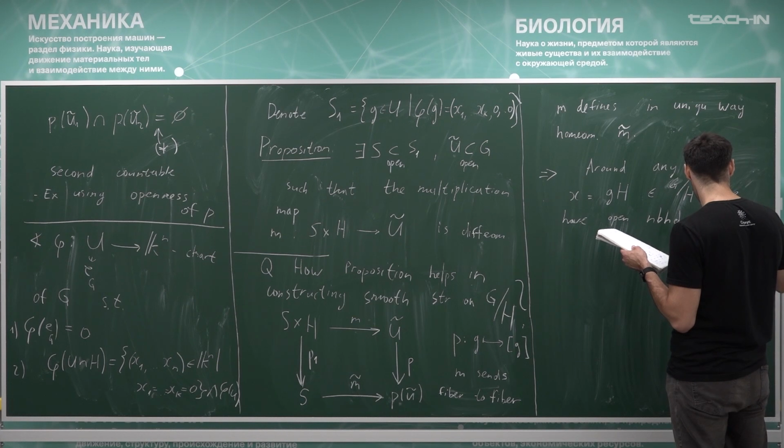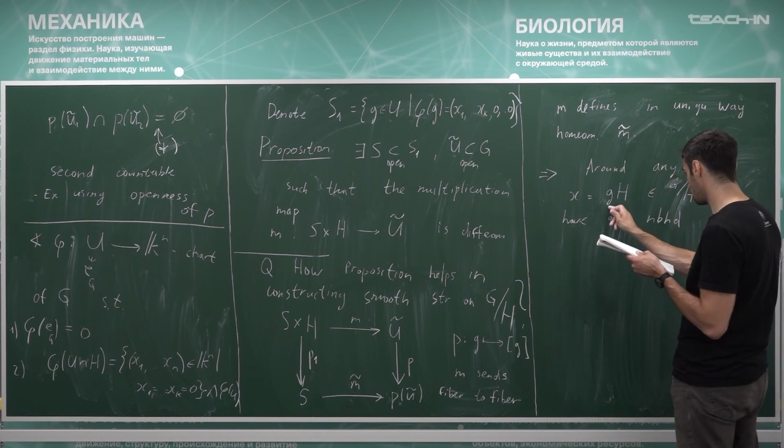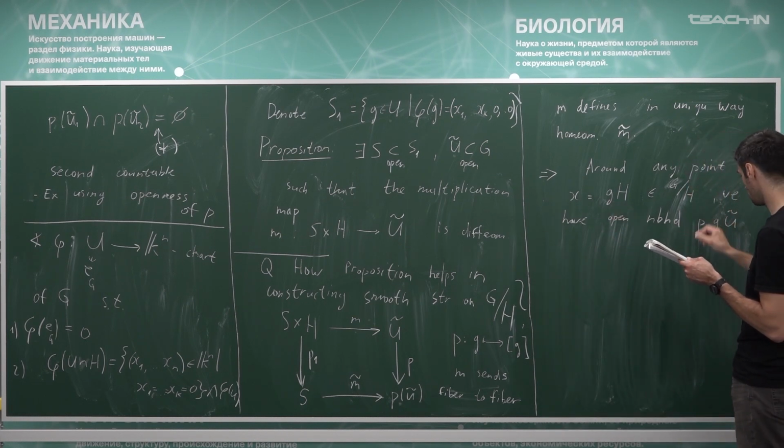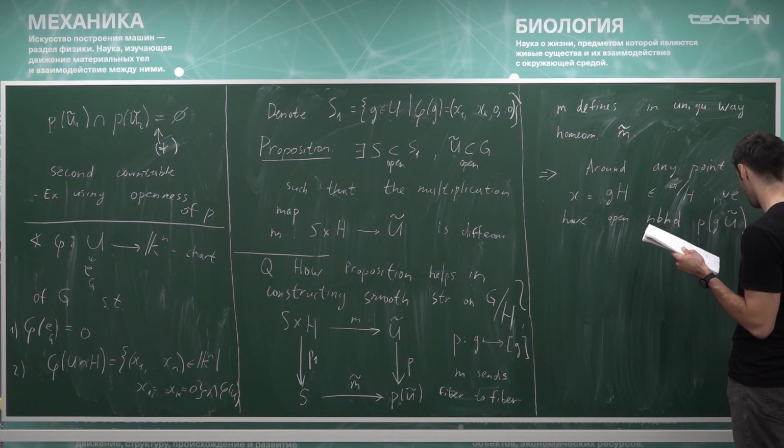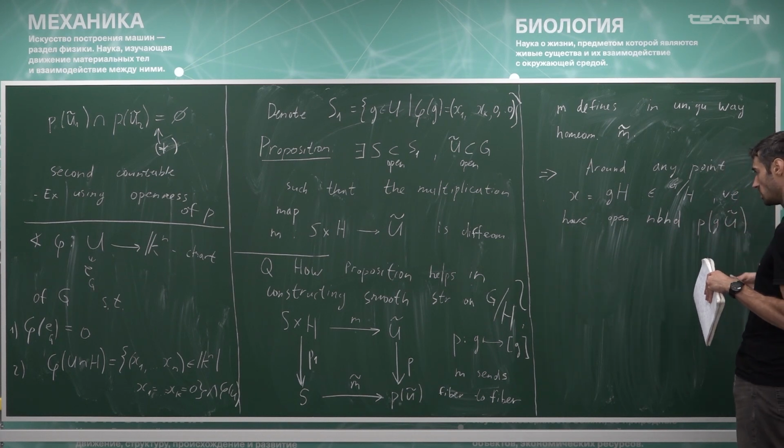So I take U tilde shifted by g, this g, and consider the projection to G over H, right?